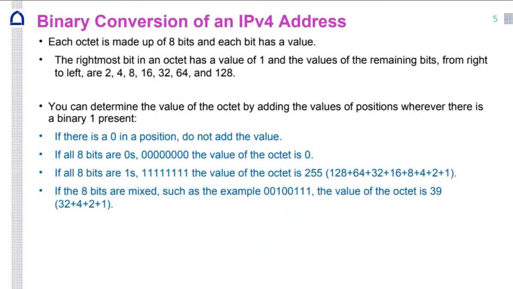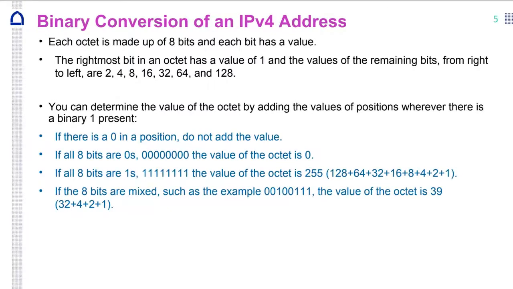We need to learn about binary conversion. If there is a 0 in a position, do not add the value. So if I have this value here, this is equal to what? 1 plus 2 plus 4 plus 8 plus 16 plus 32 plus 64 plus 128, which is equal to 255. Excellent. What about here?